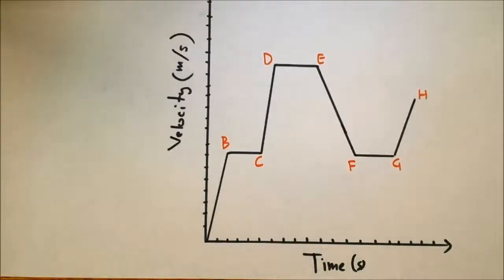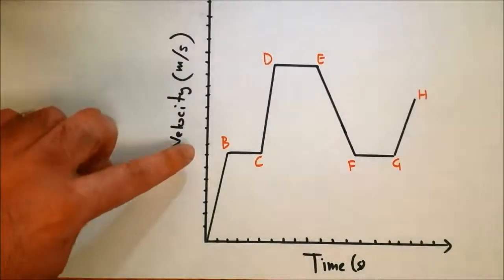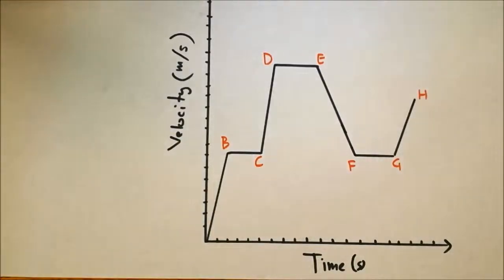B to C, there is no slope. That means there is no acceleration. There is still velocity. This car or person or whatever we're tracking here did not come to a stop, because whatever velocity was here on your graph, that's about 20 meters per second, that object is still going at that velocity.